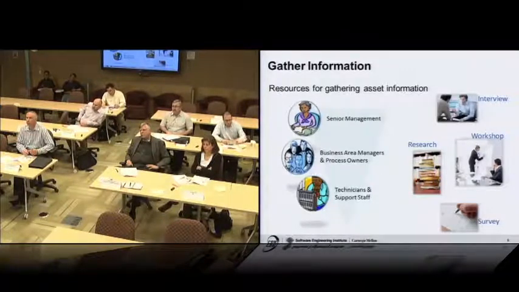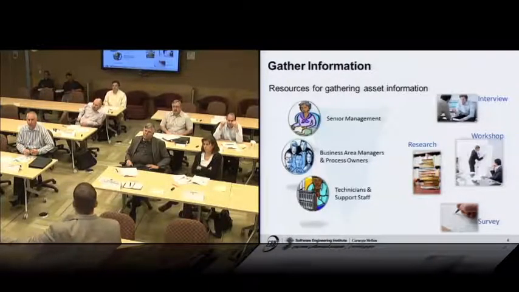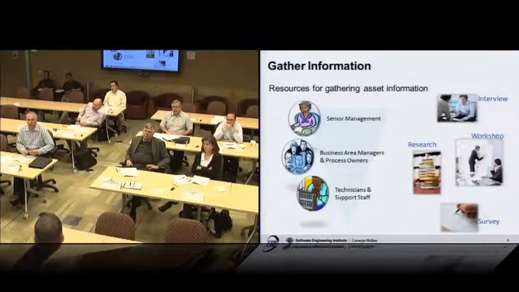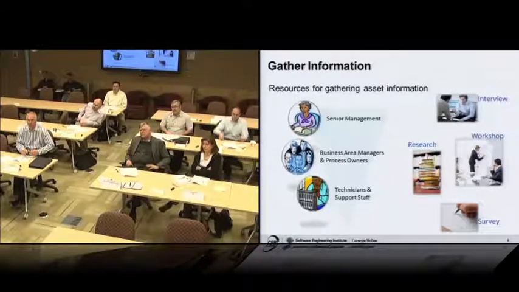You might find that you can't get your senior executives' attention for more than 5 minutes. 5 minutes might be enough time to do a survey. You can't get them into a 4-hour workshop, but they can fill out a 10-question document that says what's most important to them. For the technicians and the support staff, you might have to hold a workshop because you've got 100 technicians, each with their own opinion about what's important.